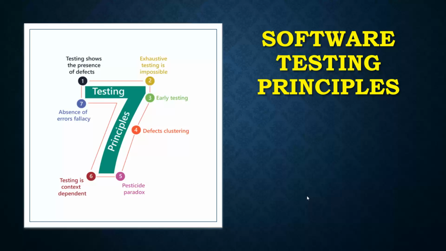I have tested 100% and 100%, this software is working as per the expectation. So these software principles are basically telling us that once you test a software, you should keep in mind that I should find some defects, and I cannot find 100% of the defects of the software.